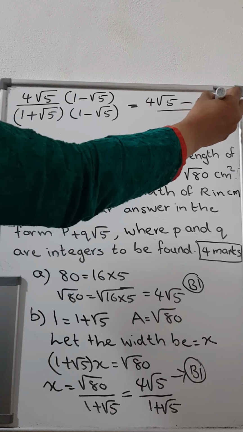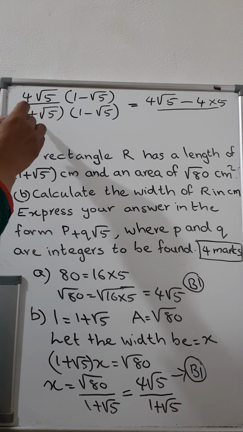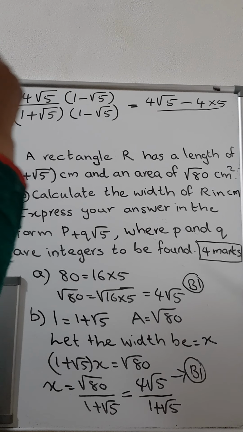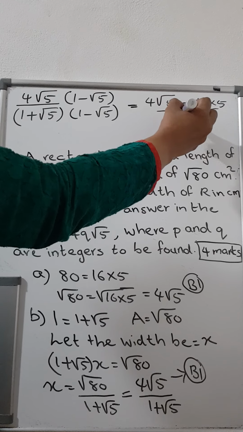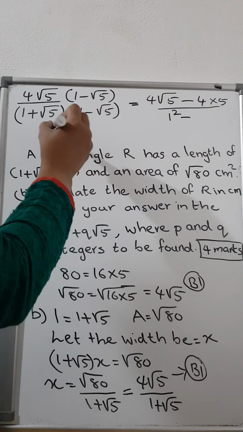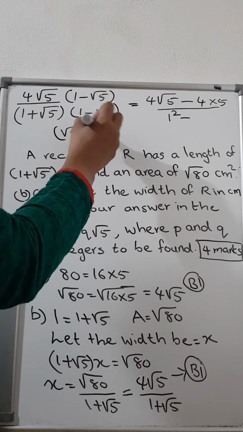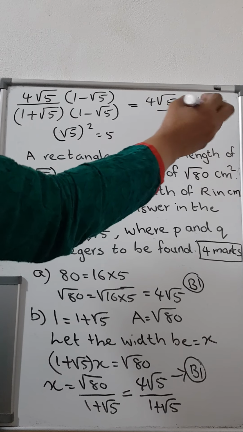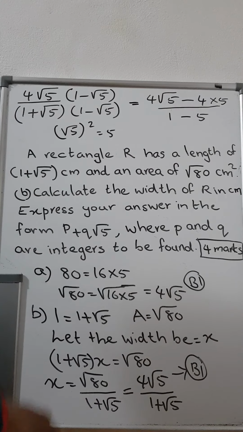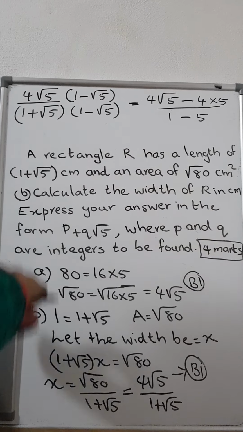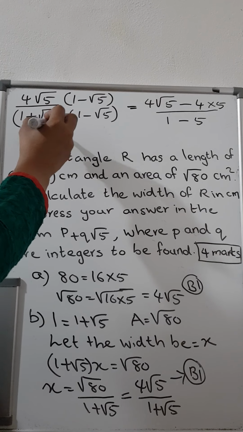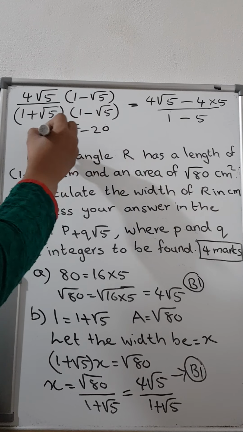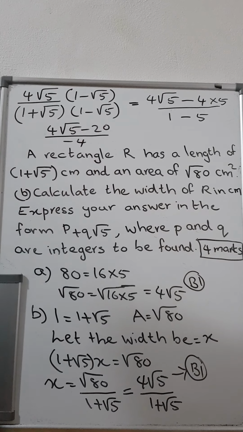Now let's see the denominator. The denominator is 1 plus root 5 times 1 minus root 5. For that we can use difference of two squares. That is 1 square minus root 5 the whole square. Root 5 the whole square is 5 itself. So 1 square is 1 minus root 5 the whole square is 5. So 4 root 5 minus 20 divided by minus 4.